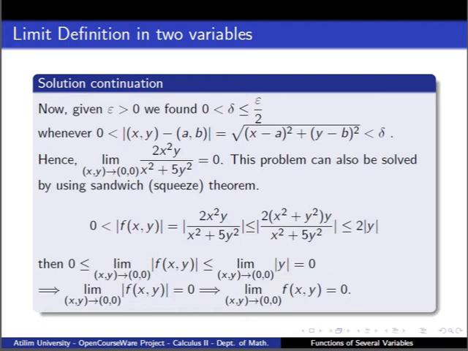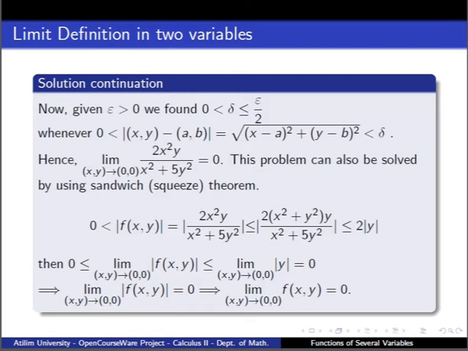But the most important thing that we should remember here is that if the limit value is 0, this implication that we use here holds. But if the limit takes any value which is different from 0, this implication does not hold.